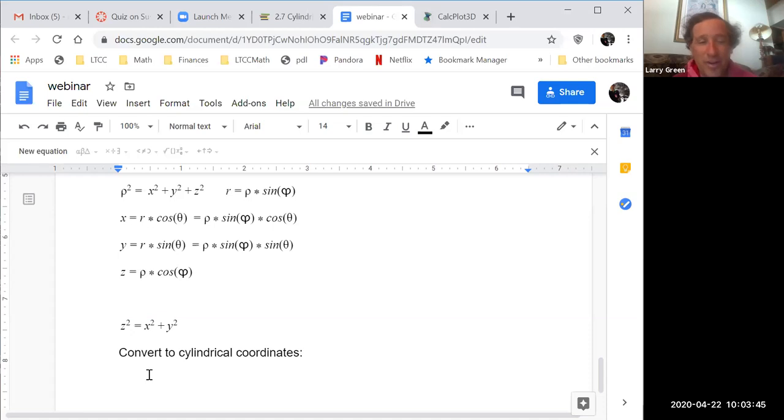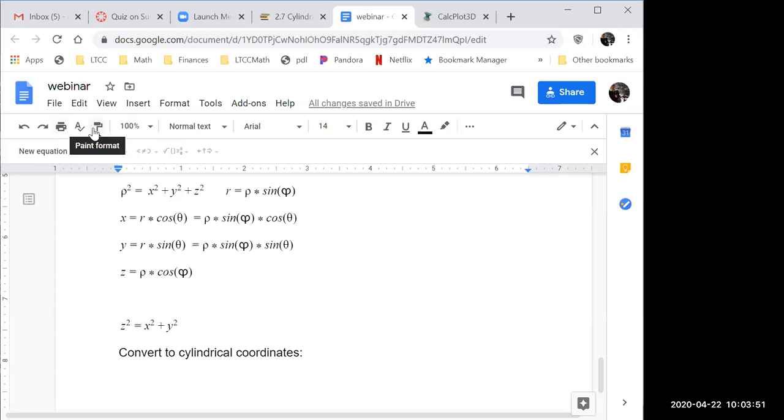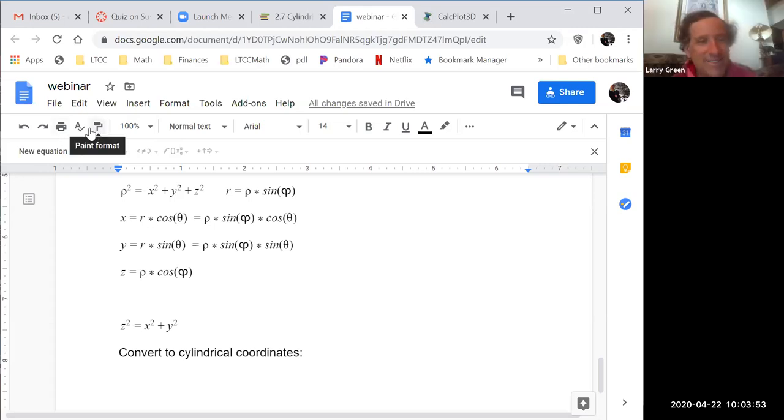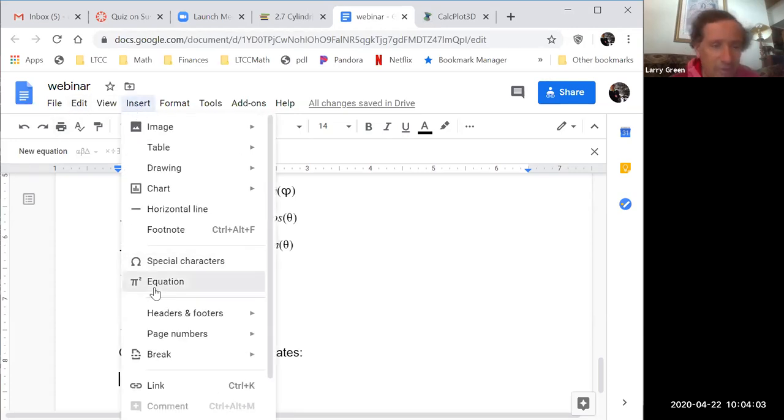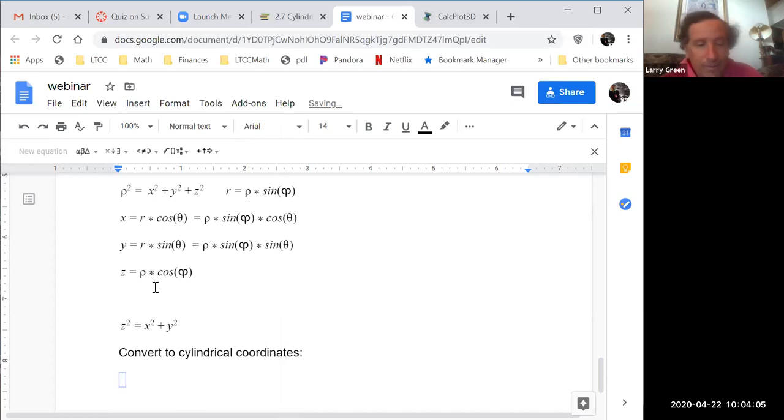So if z squared is r squared, what is z? R. Z is r. Okay, and we'll do the top half of the cone, so we'll let r be positive. But either way, it doesn't matter. So z equals r. Isn't that easy? Cones are great for cylindrical coordinates.